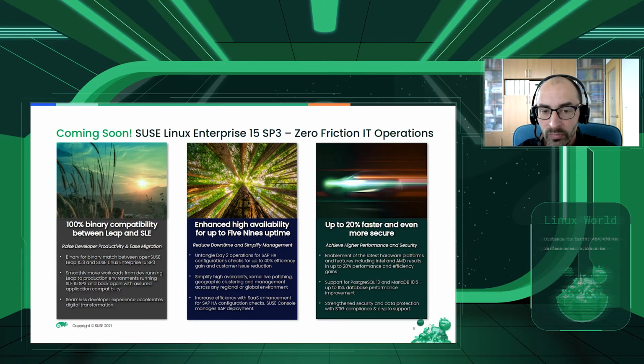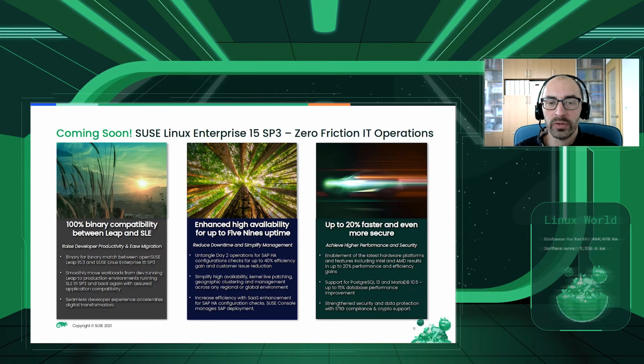So one of the notable ones, as I mentioned, is hardware enablement, which is being worked on by SUSE and, of course, by community and our partners. And just by enabling all the latest hardware features and platforms and chipsets and CPUs, we are achieving a lot of great performance and efficiency improvements.